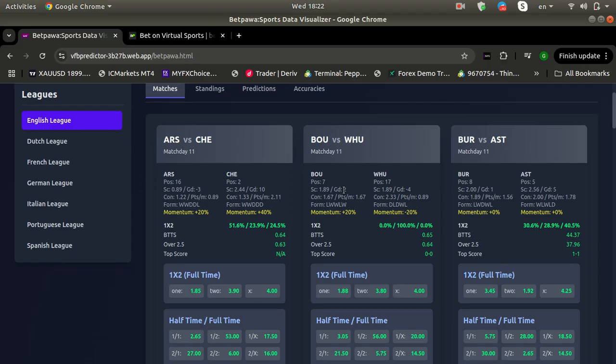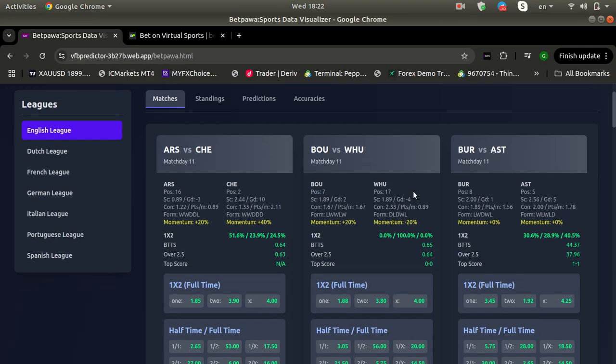For example, here you see that this team has a GD of 2 and the other team has a GD of -4. So this one with -4 tells us that it has been losing, while this one has been winning. So basically, if a team has a goal difference of 10 and above, it means that team has been very strong, has been winning strongly.